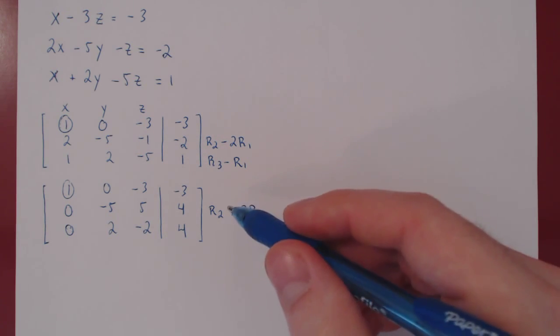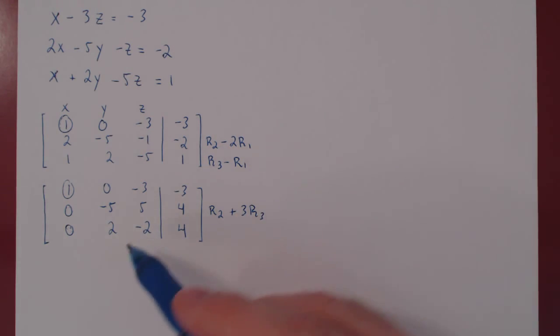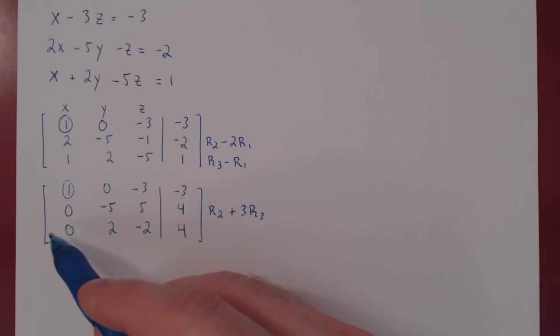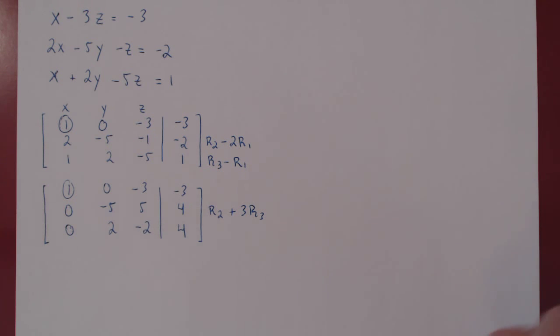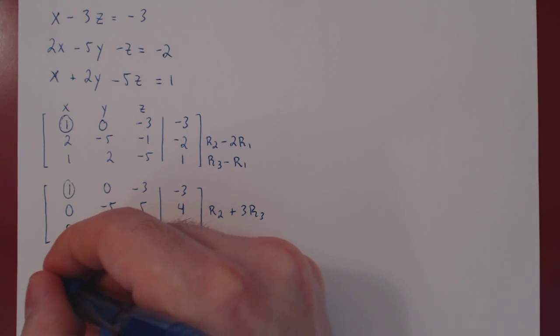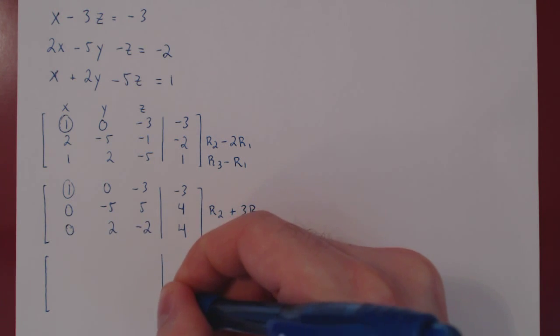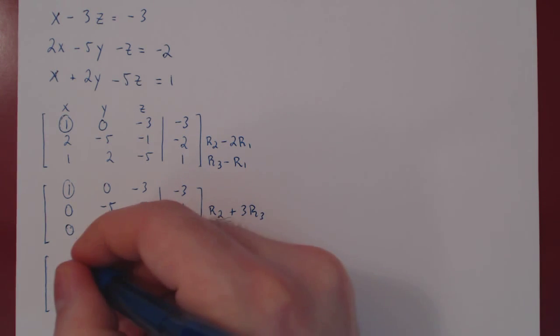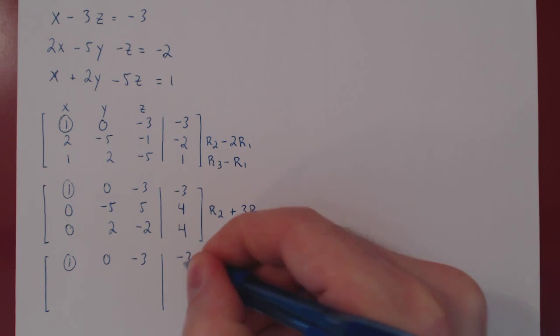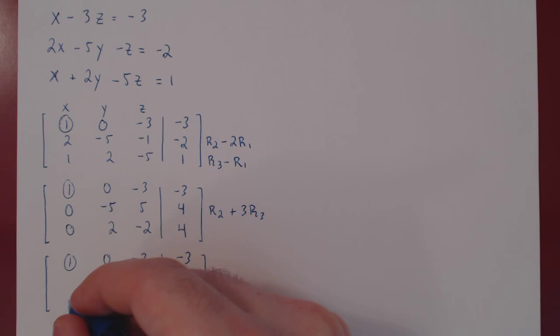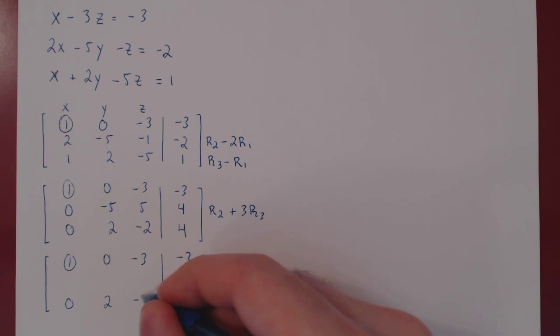What's nice about this one is it's a single row operation, whereas with the other option of multiplying this by 1/2 and then swapping these 2 rows would have us do 2 row operations. This is a bit more sneaky, but sneaky sometimes is good. So we recopy the first row, we're not changing it. We can recopy the third one, we're not changing it either.